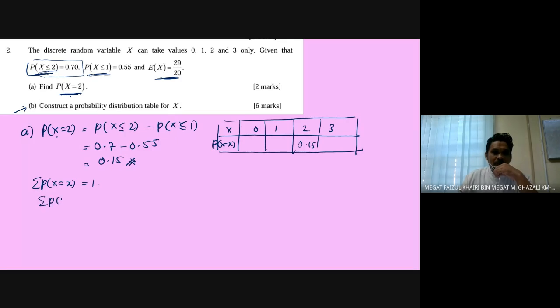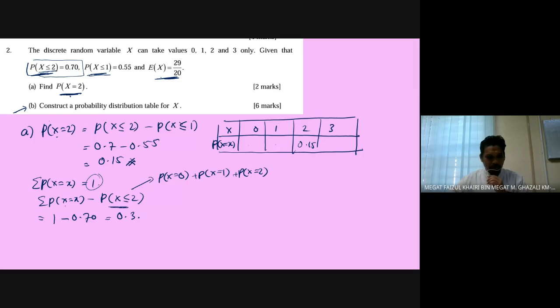So the probability of x equal to 0 plus x equal to 1 plus x equal to 2 plus x equal to 3 equals 1. We would like to find the probability of x equal to 3, which is 1 minus the probability of x less than or equal to 2, so 1 minus 0.70 equals 0.3. So write down here 0.3.